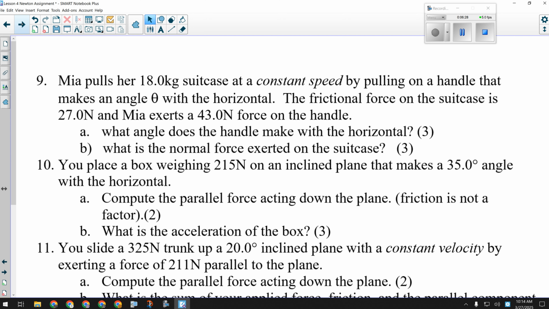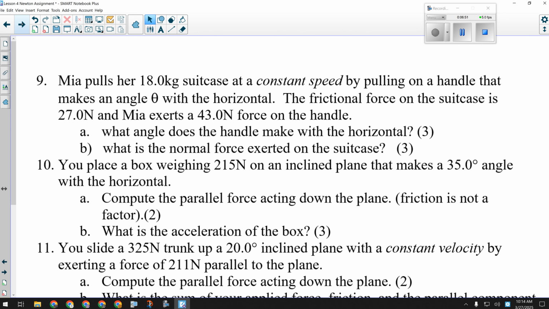That's the piece that sometimes people miss on that question, is that even though the force is at an angle, the box is only moving horizontally. We may have done something like this yesterday. So what we're looking for there is the angle, and we're also looking for the normal force that is being exerted on the box.